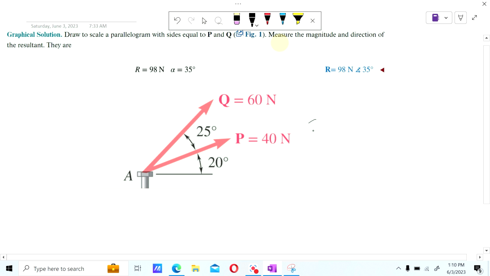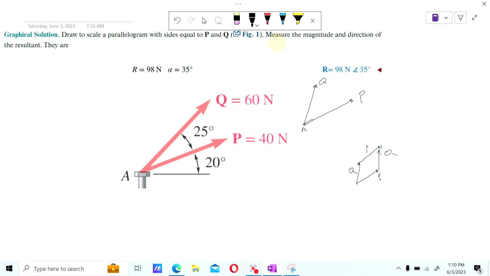So we should be able to put them together from point A. We have one that is P, and we have another one that is Q. Actually I don't have enough room there, so let's do it over here again. So P and Q. Remember, we copy paste. This one we copy here, P, and this one will be here, Q. They're the same. Okay, and the resultant goes through the middle.